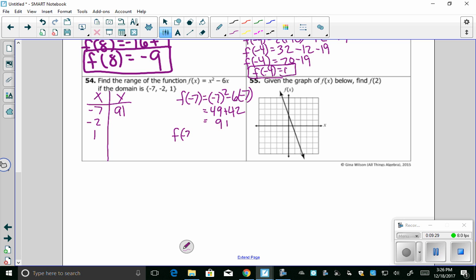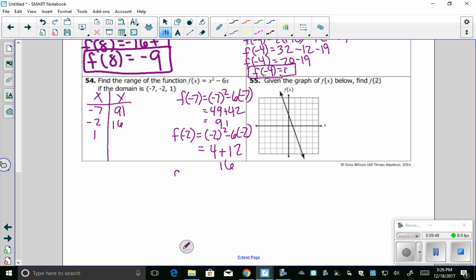Plug in -2. -2 squared minus 6 times -2. -2 squared is equal to 4, plus 12, since 6 times 2 is 12. 4 plus 12 is 16.